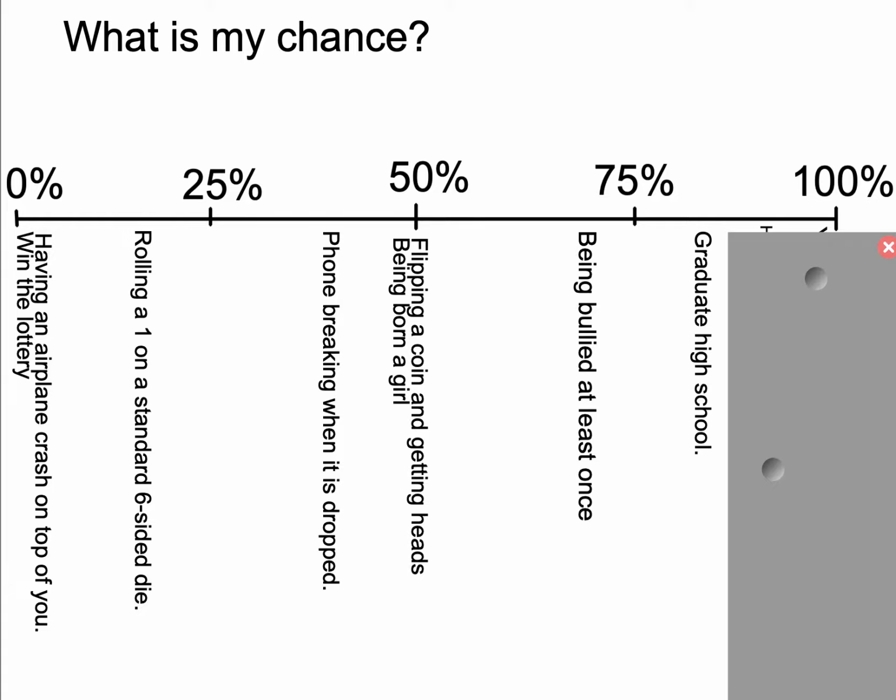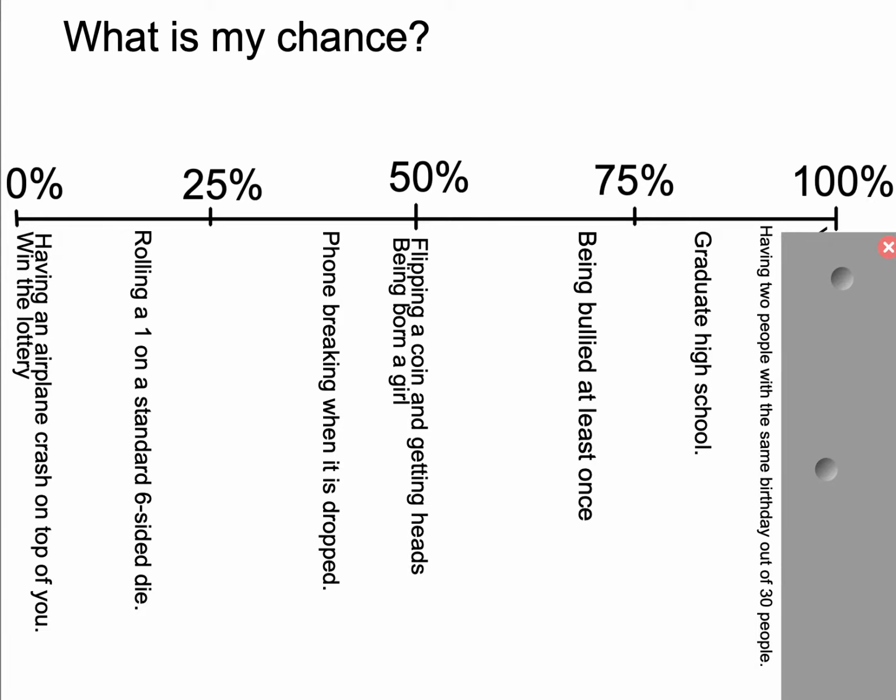Graduating from high school currently is around 80 to 83%. Last time I looked it up, it could be different now. That was a couple years ago when I looked that up. This is an interesting one. This is actually referred to as the birthday paradox. If you have two people with the same birthday out of 30 people.